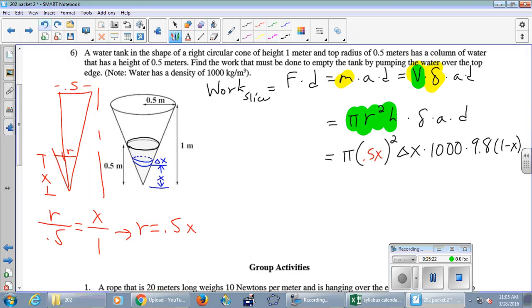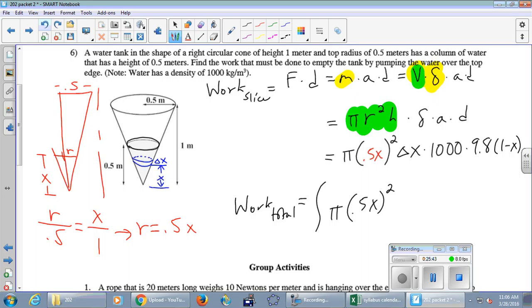And so we'll just write one last thing here. Total work is equal to, again, summing up all of these little work slices leads to an integral. So all of this stuff is copied basically pi 0.5x squared.